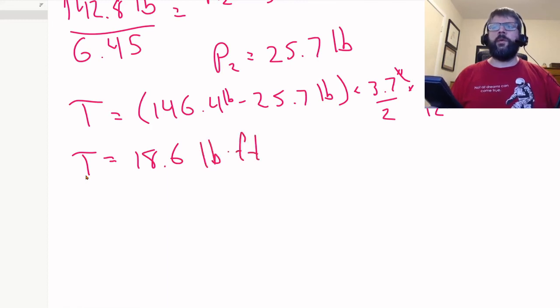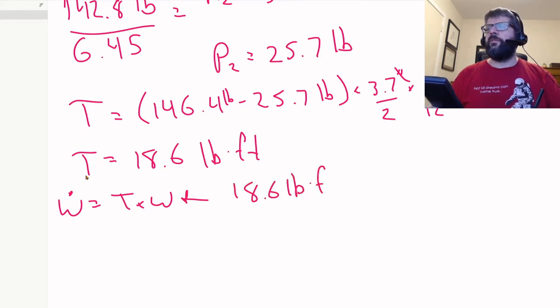pound-feet. If we want to figure out what sort of work we can transmit with that, that is torque times our rotational speed, again in radians per second. So 18.6 pound-feet times 183.3 radians per second.